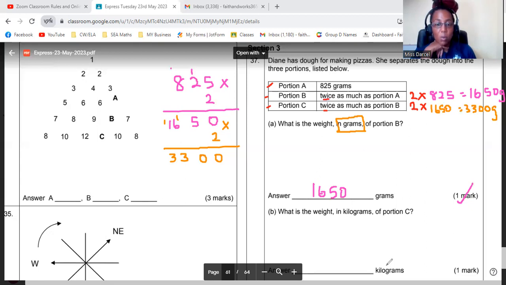Part B, what is the weight in kilograms, keyword clue, of portion C? Keyword clue there. So you might be excited and say, oh, it's 3,300 grams. No, no, no. Kilograms. How do we change grams to kilograms? We divide by 1,000. How do we divide by 1,000?